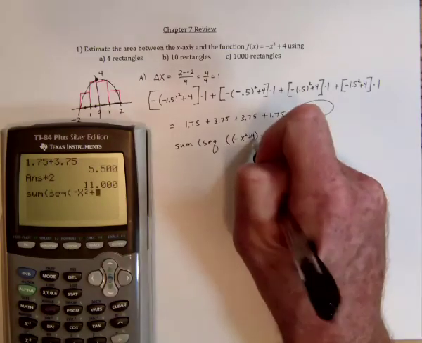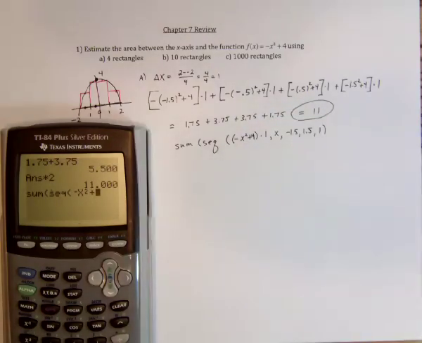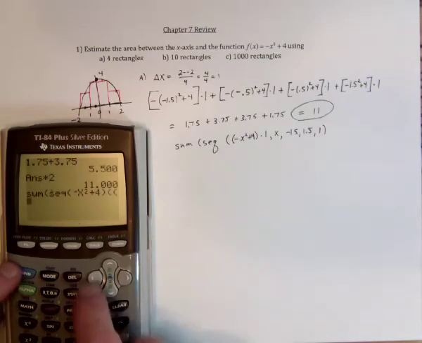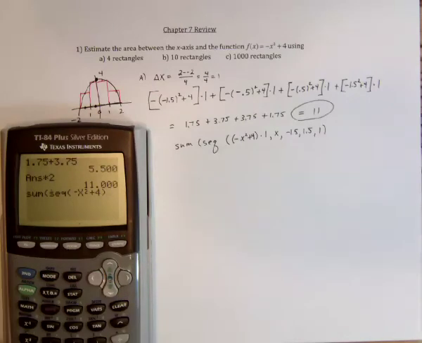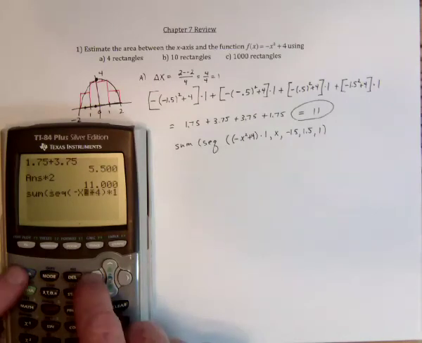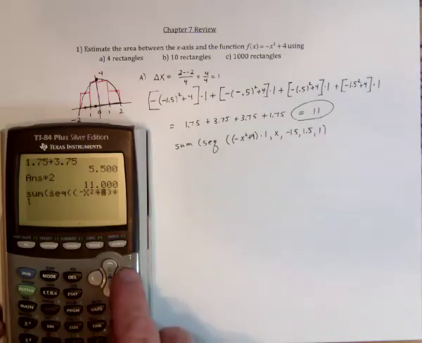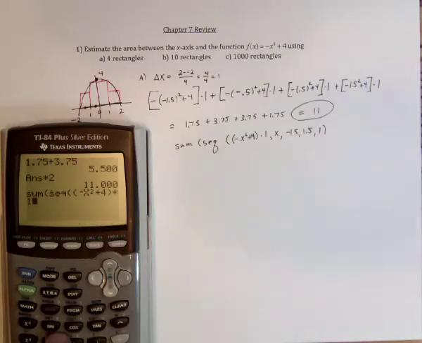This is x squared plus 4. And then for part B and C, I'm going to have a different width than 1, so as sort of a placeholder, I don't really need a 1 in there, but I'm going to put the 1 just to say that's where the width goes.